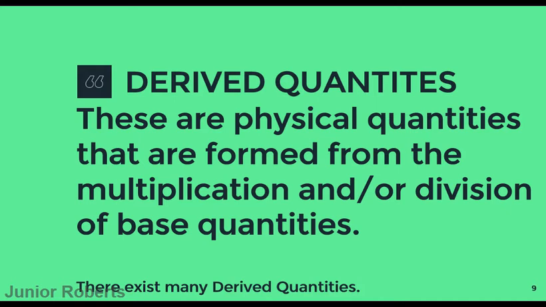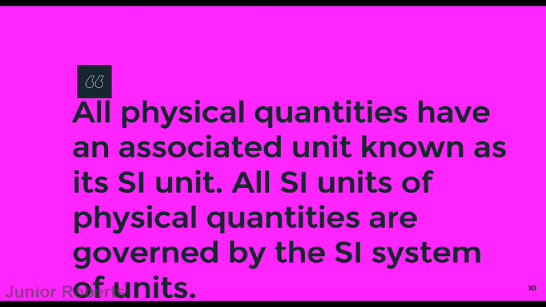Even though we have only 7 base quantities, but again we're only going to be focusing on 5, even though we have a limited amount of base quantities, we can have many derived quantities. All physical quantities, whether a base quantity or a derived quantity, will have an associated unit, and we call that unit its SI unit.